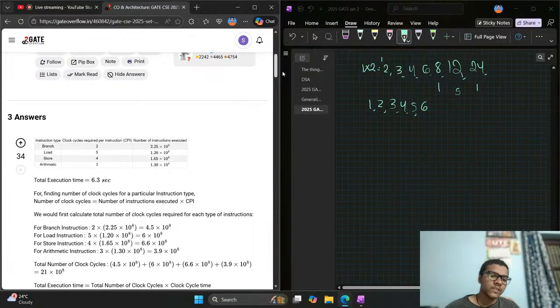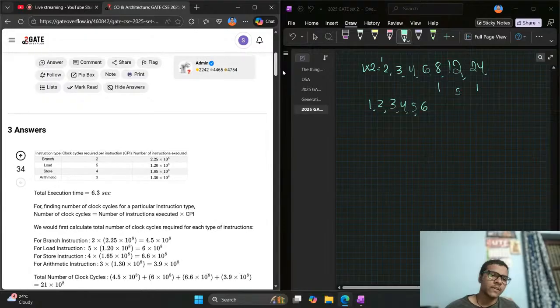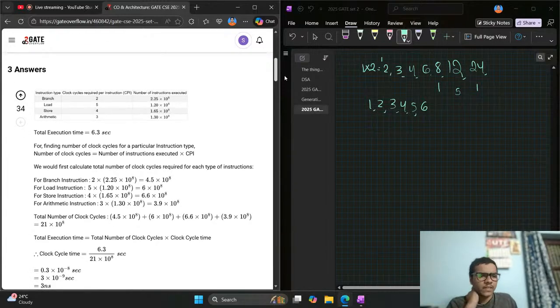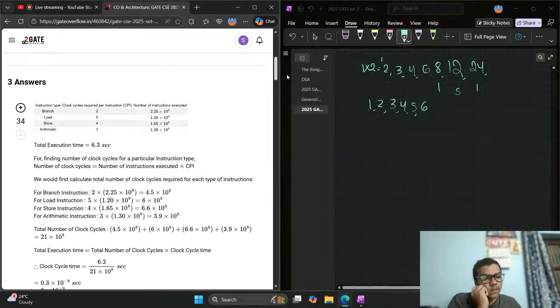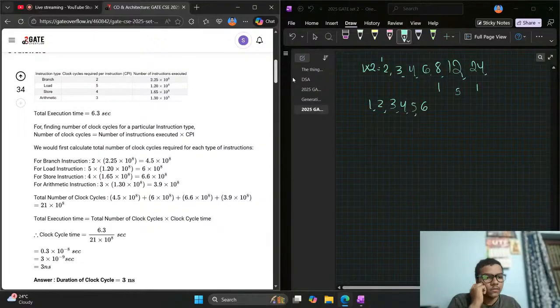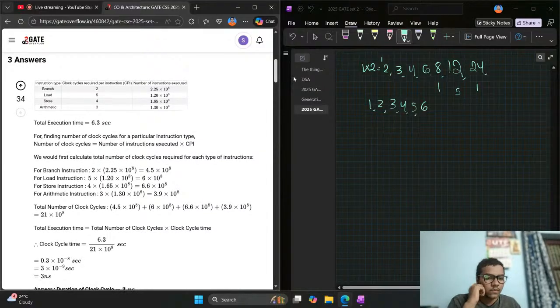Number of clock cycles is number of instructions executed times the CPI, clock cycles required per instruction. That's a direct formula. Total number of clock cycles, total execution time.